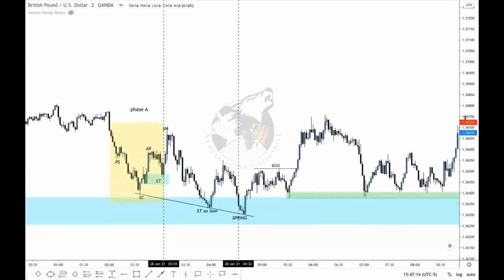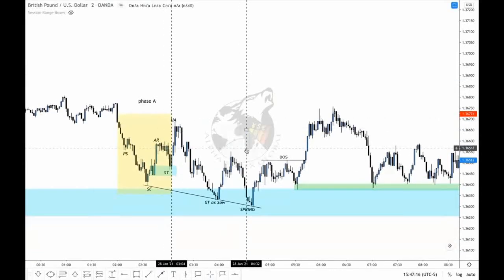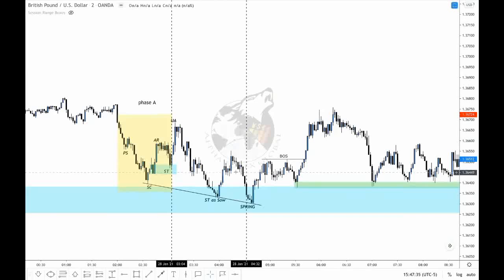So here, within phase B, you have your UA and your ST, right? So you can have multiple STs here, which is a secondary test. You can have multiple secondary tests. What this is doing within phase B is actually building liquidity, right? Because you have indecision, people buying, people selling.